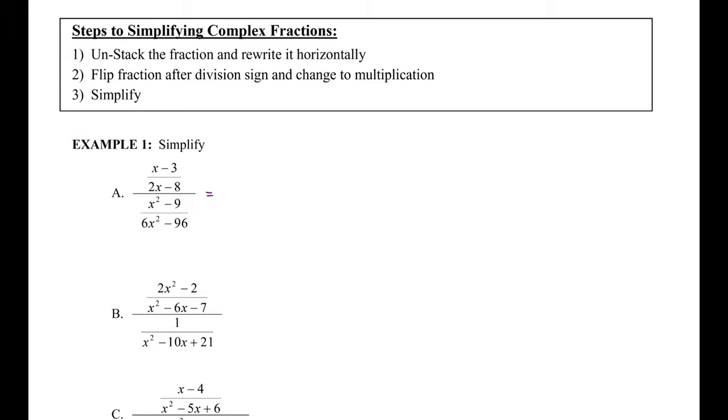So by unstacking this, I get x minus 3 over 2x minus 8 divided by x squared minus 9 over 6x squared minus 96.